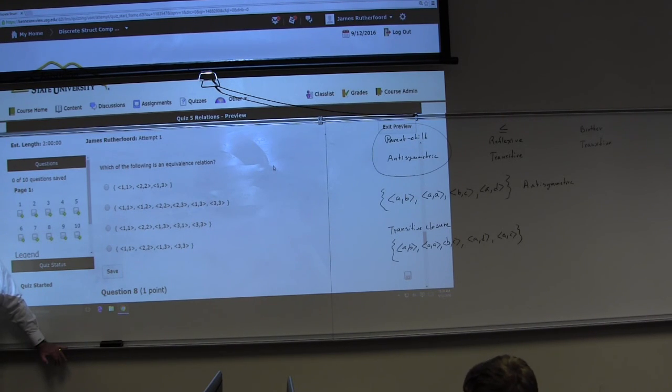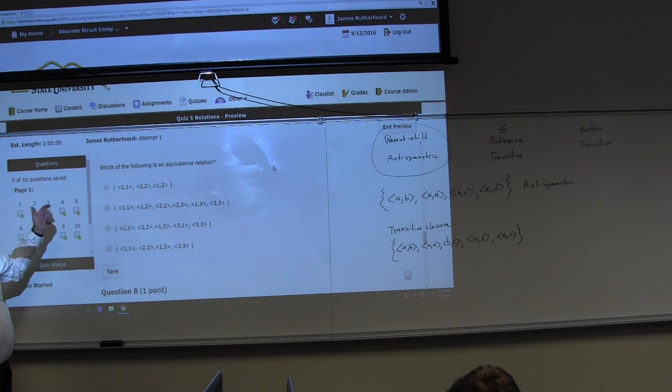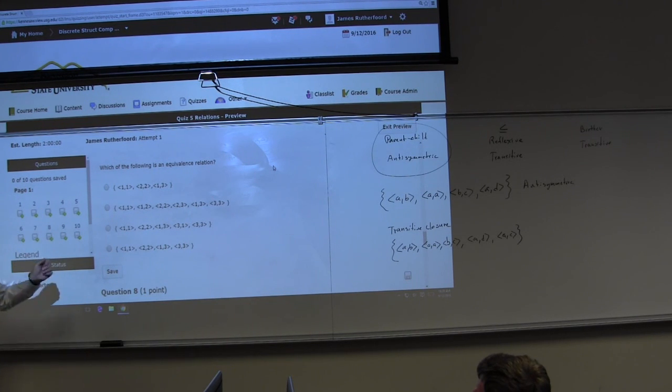If A is equal to B, is B equal to A? It is, isn't it? Is it transitive? If A is equal to B and B is equal to C, is A equal to C? It is, isn't it? So that's the definition of an equivalence relation. An equivalence relation is a relation that is reflexive, symmetric, and transitive.